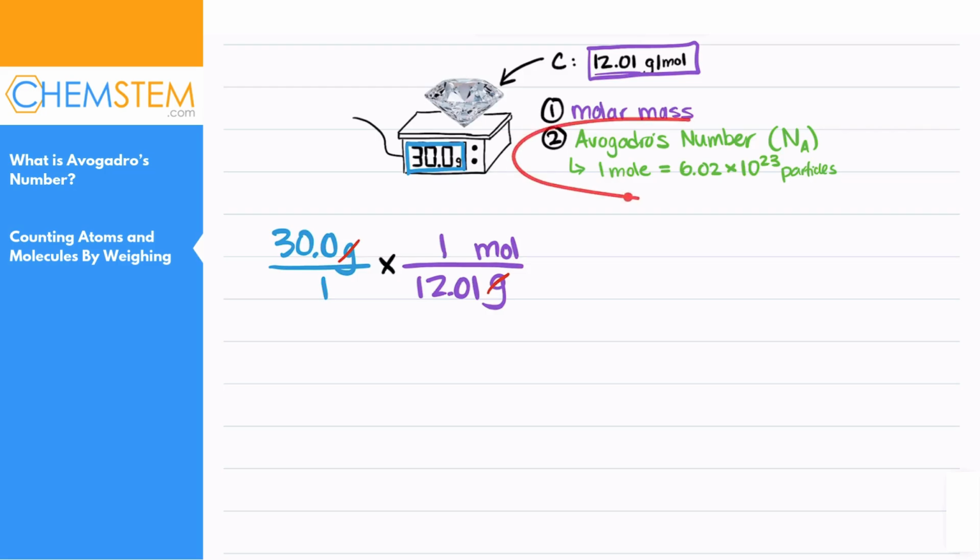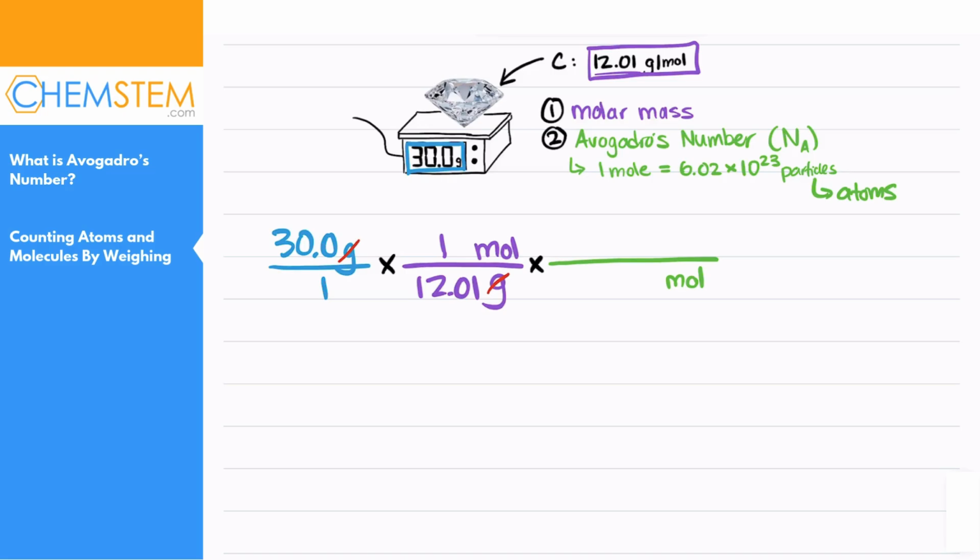And that's where Avogadro's number comes in, because we also know that 1 mole of anything, in this case carbon atoms, is this many carbon atoms. So we're going to go one more step here. We're going to put our multiplication symbol, our fraction bar, and now we're going to use a different conversion factor. We're going to put moles in the denominator. The word particles has a lot of meanings. It can mean atoms or molecules. In this case, because carbon is a single element, we're going to use atoms instead.